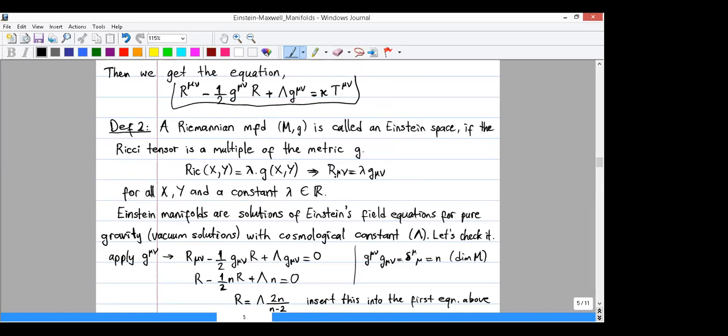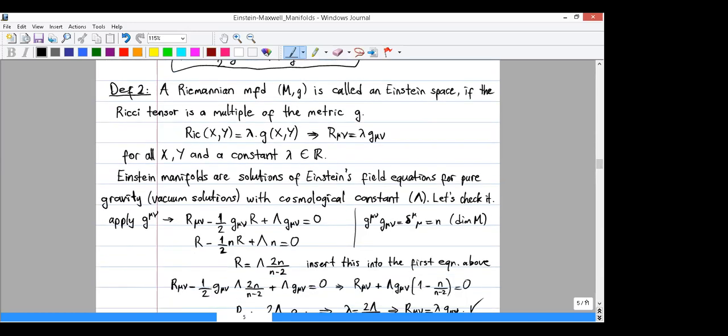Or in index notation, you can write R_μν is equal to lambda times g_μν. And this is valid for all x and y, and the constant lambda is a real constant.